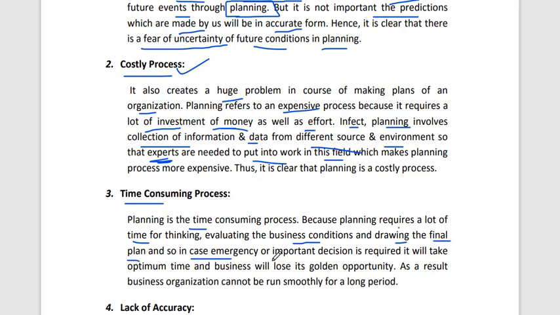In case of an emergency where an important decision is required, it will take too much time, and the business will lose its golden opportunity. As a result, the organization cannot run smoothly for a long period. So planning is also time consuming, with a lot of time required for thinking.